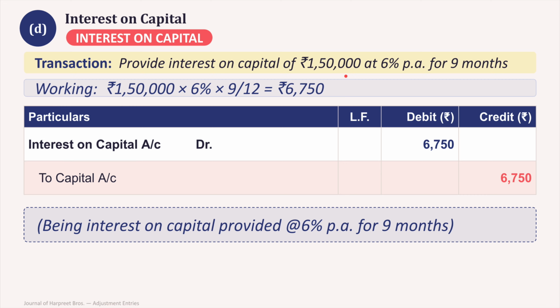We multiply 1,50,000 into 6% into 9 by 12, which is coming up to 6,750. So interest on capital, it's going out, it's an expense, so we are debiting it, to capital account. 6,750, 6,750. Being interest on capital provided at 6% per annum for 9 months.